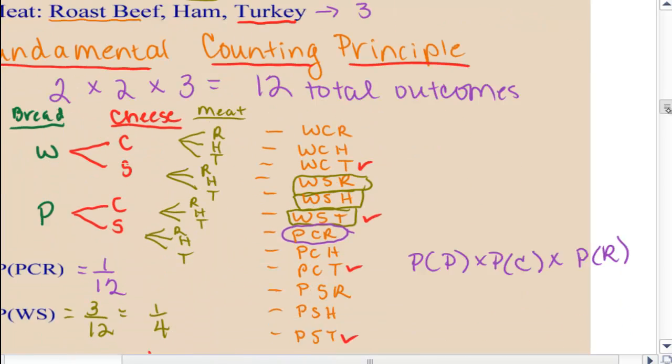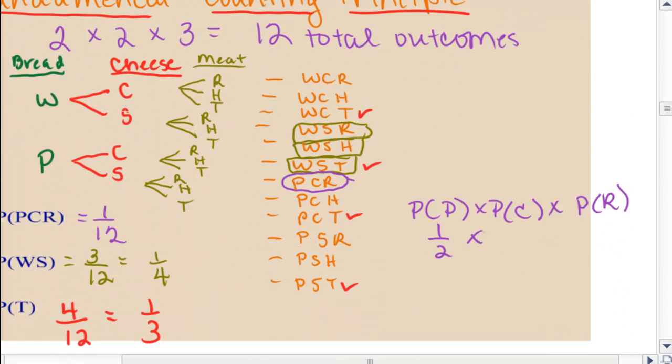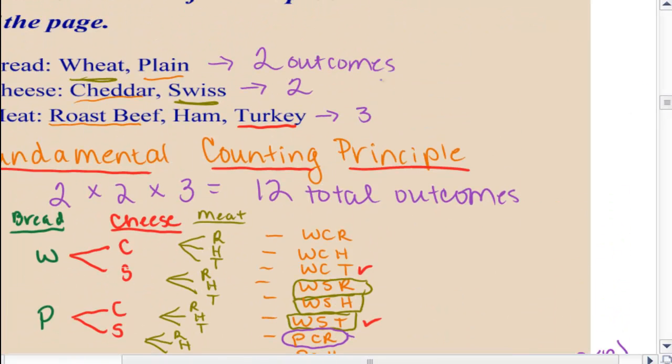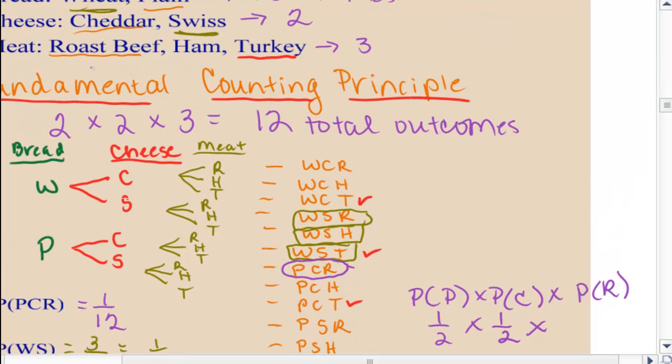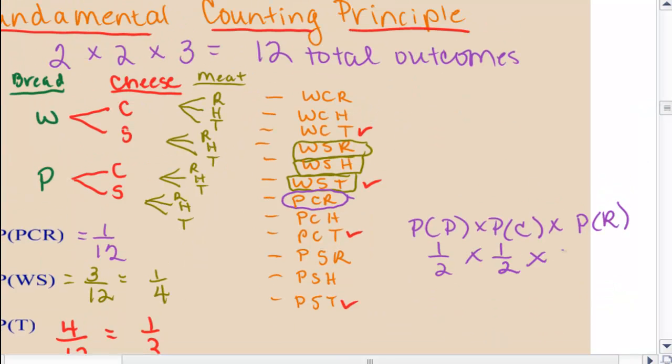It's 1 out of 2, right? So I'm going to put 1/2 here. What's the probability of cheddar cheese? 1 out of 2. So we're looking at each individual event here. The probability of getting cheddar cheese when you're choosing a cheese is 1 out of 2. And what's the probability of roast beef? Well, we have roast beef, ham, and turkey, so it's 1 out of 3.